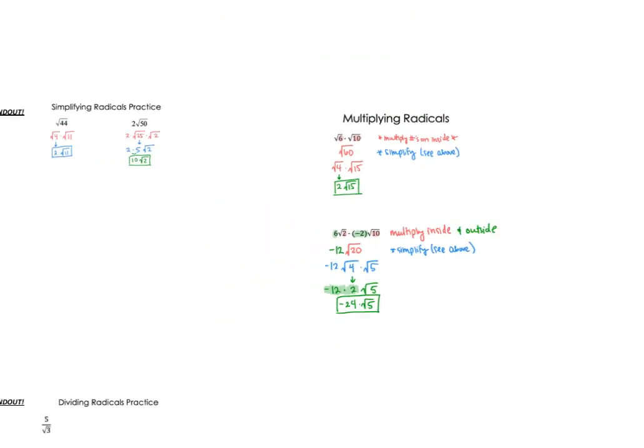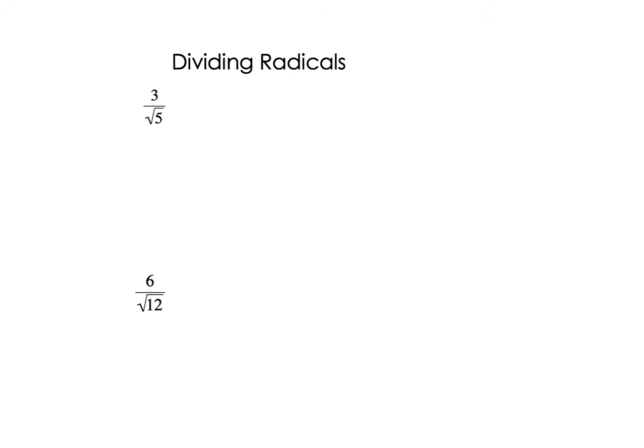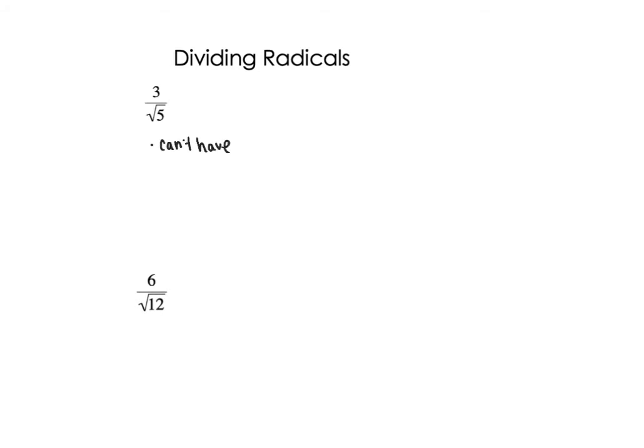All right, so now I'm going to go over how to divide radicals. There is a rule in math that basically says you can't have radicals in the denominator because it's not considered simplified. So to get rid of the radical, we need to multiply by a big one, and I'll show you what I mean in a second.